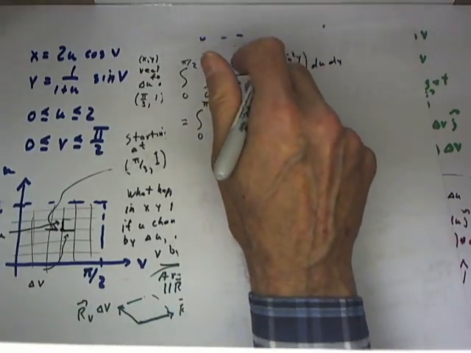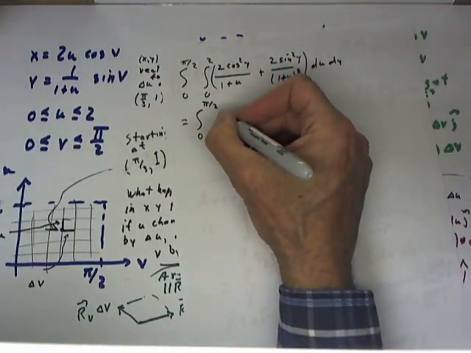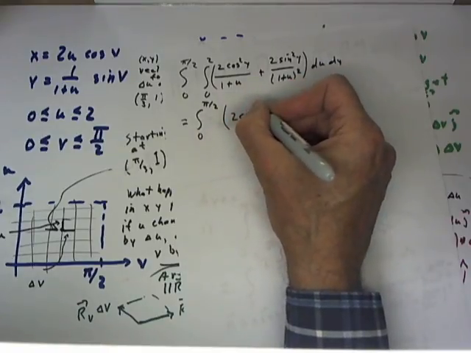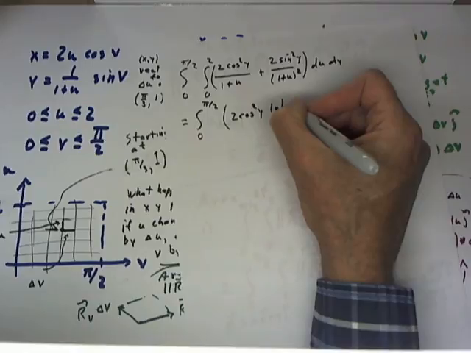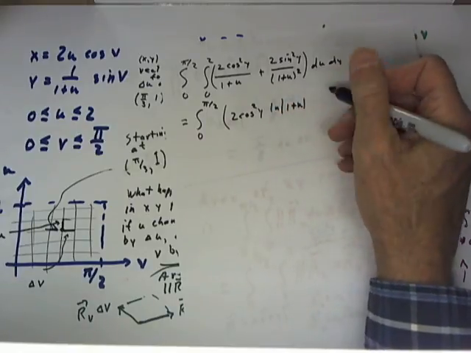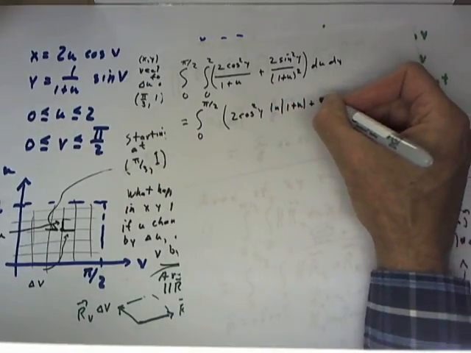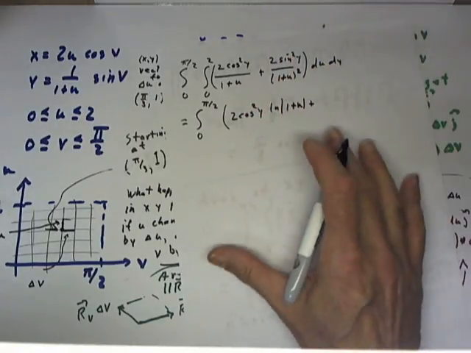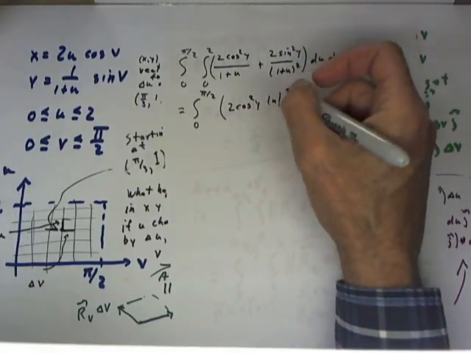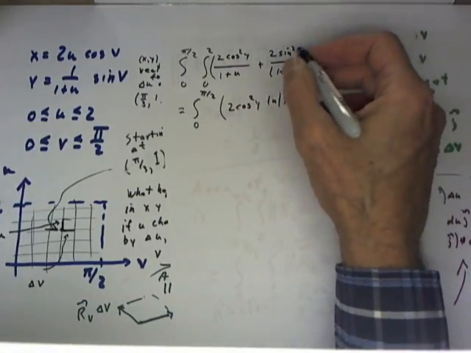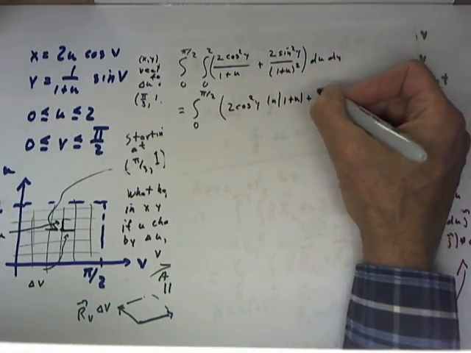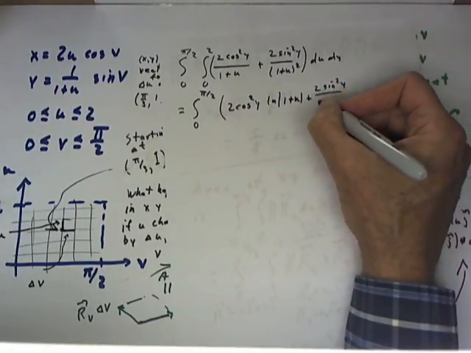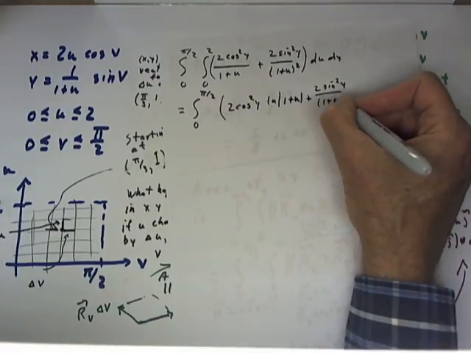Integrating with respect to u, the integral of 1 over 1 plus u is a natural log. So we have 2 cosine squared v, natural log of 1 plus u. Plus, the integral of 1 over 1 plus u quantity squared is negative 1 over 1 plus u. You can go through substitutions and get that, but that's going to be negative 2 sine squared v over 1 plus u.